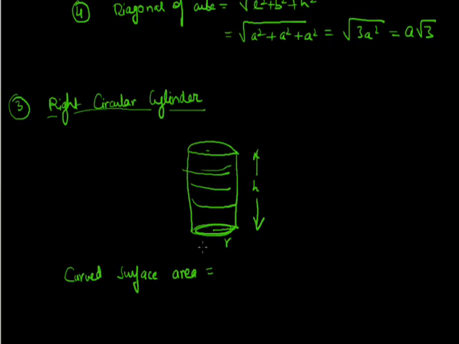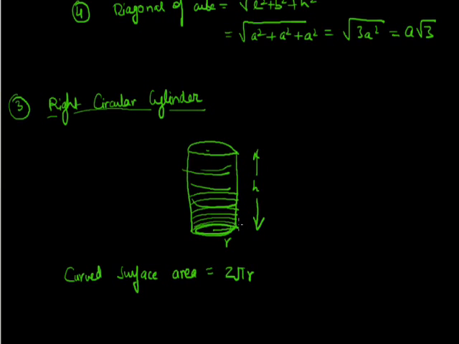As you can see, a cylinder is actually divided into an infinite number of circles. If you divide this cylinder into circles, you get an infinite number of circles, and each circle has the same radius. So the circumference or perimeter of these circles is the same, which is equal to 2 pi r.